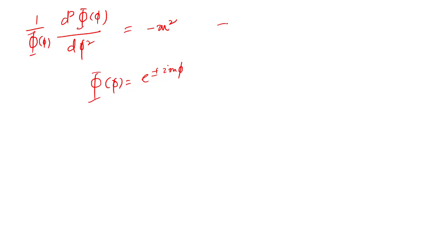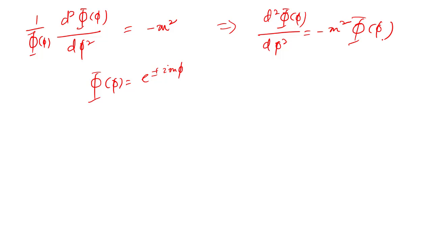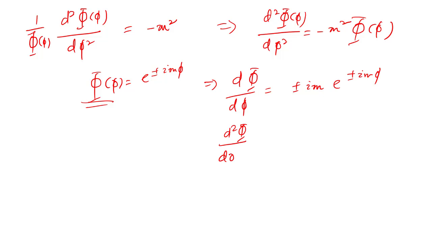If you look at this equation, this could be written as d squared phi of phi by d phi squared is equal to minus m squared phi of phi. Right, so if phi of phi is e to the power plus or minus i m phi, then d phi by d phi would be equal to plus or minus i m e to the power plus or minus i m phi, and the double derivative would be plus or minus i m, again the same factor, times e to the power plus or minus i m phi.